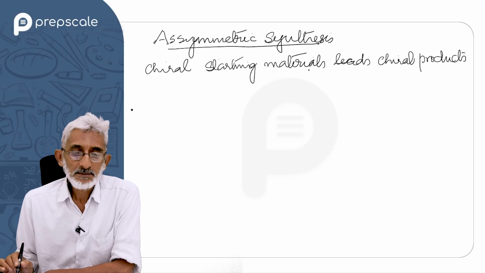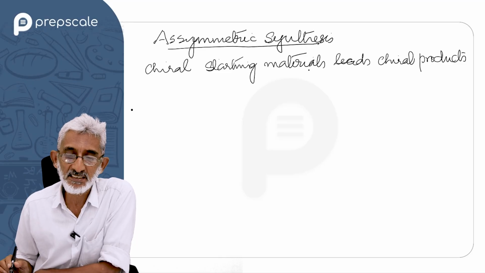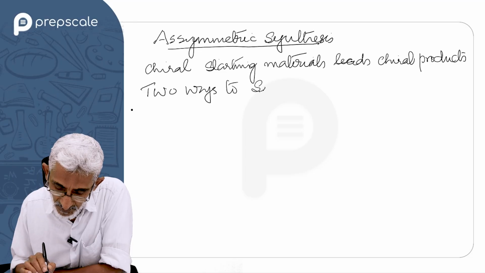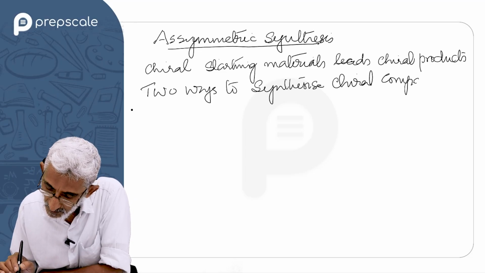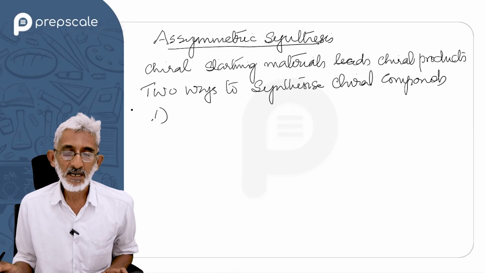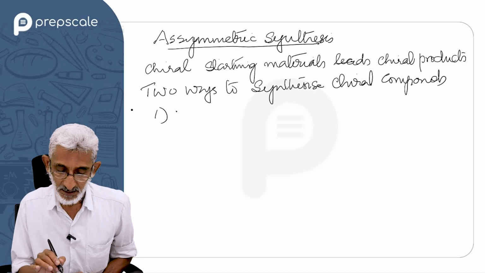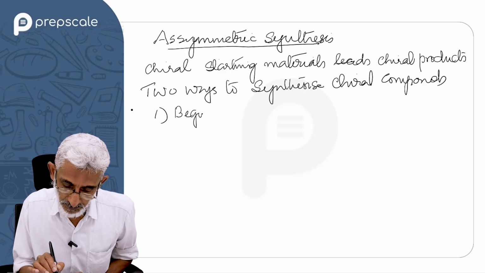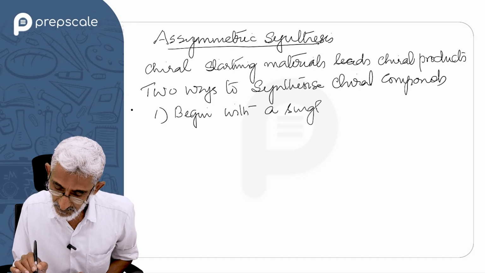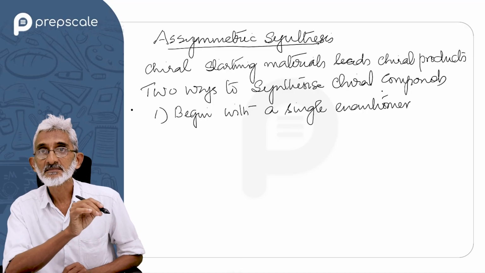Now let us begin. There are two basic ways to synthesize. Number 1, you begin with a single enantiomer and do reactions not on the chiral carbon.